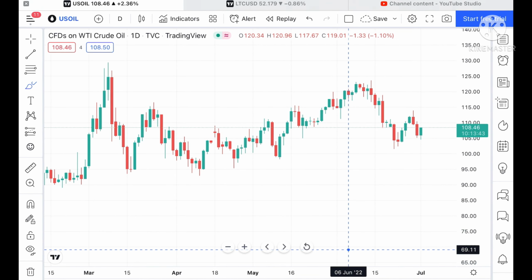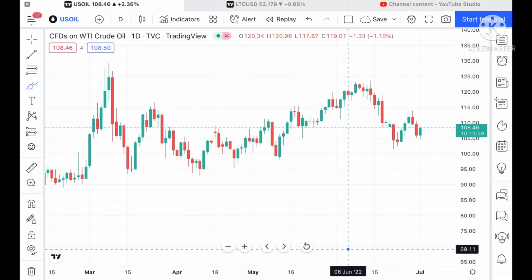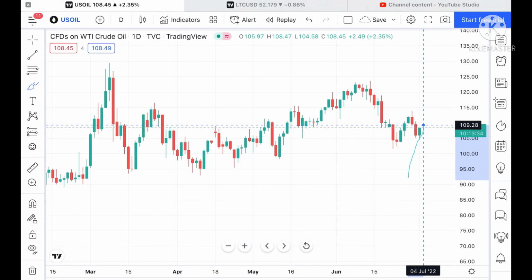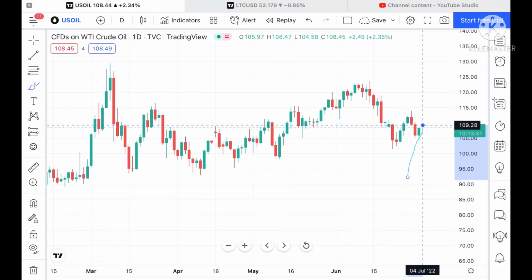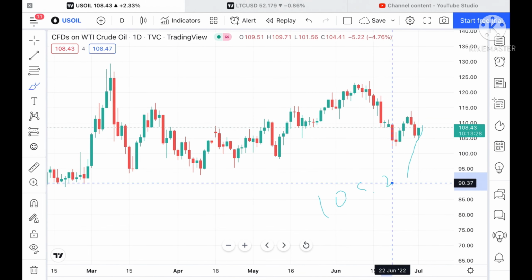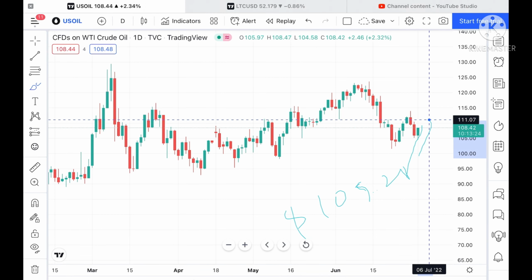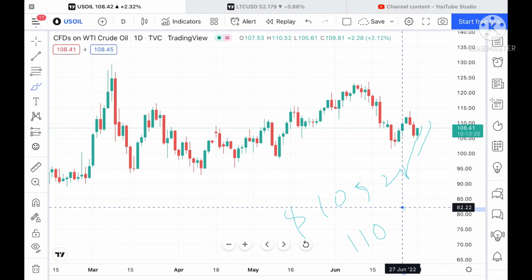If you look at the chart of crude, we can see this particular range is around 108.46. If this level sustains, we can see the next resistance coming at around 109.28. Okay, if this particular level sustains, it can go further upside and touch a level of 110.98.